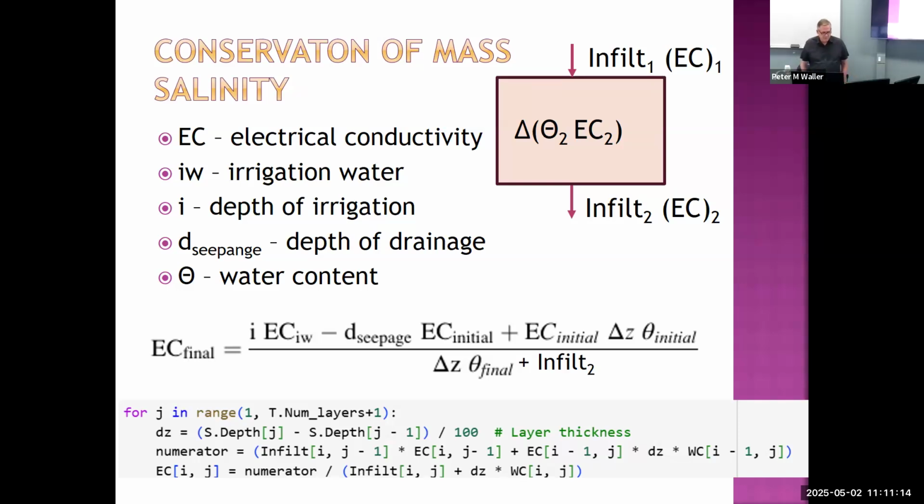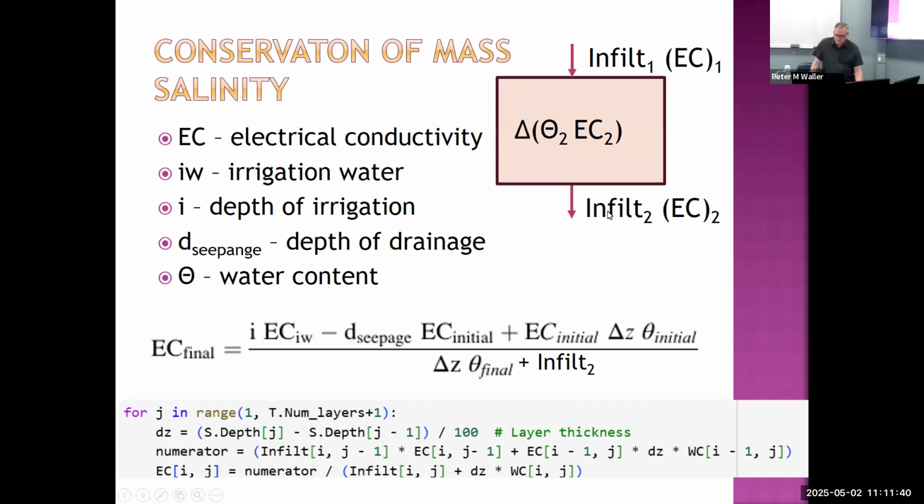We've gone over this a little bit before, but I just wanted to remind you of how this works. For each layer, we calculate the final salinity based on the infiltration coming in from the top. So this is the irrigation water times the EC of the irrigation water minus the salt that we're losing below.